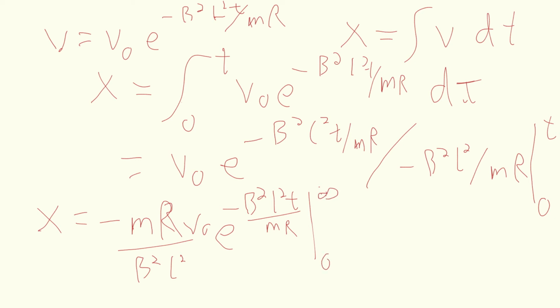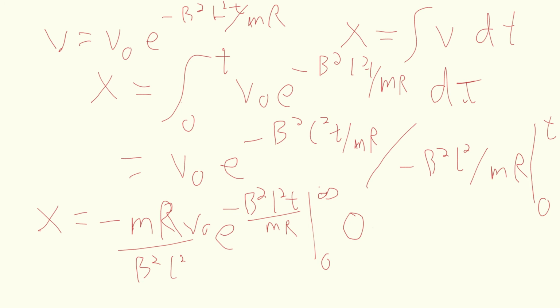Okay, so that actually doesn't turn out to be too bad. Because e to the infinity is going to be really, really large, and e to the negative infinity is going to be really, really small. So that means that that's going to actually be 0.